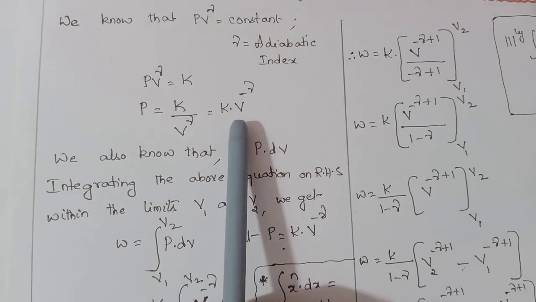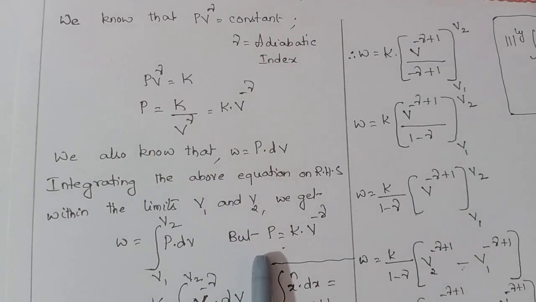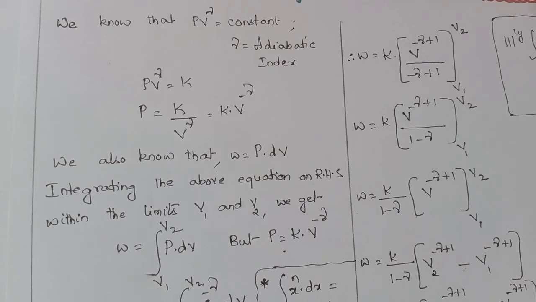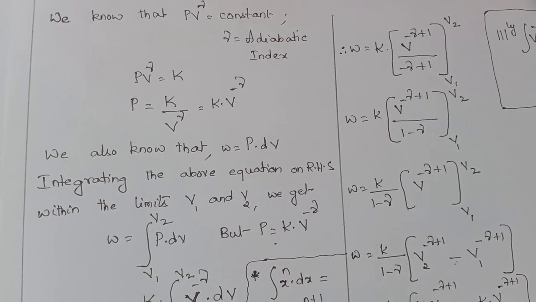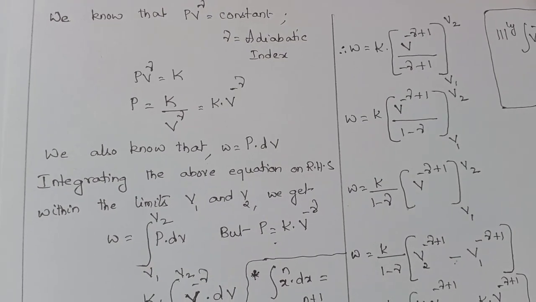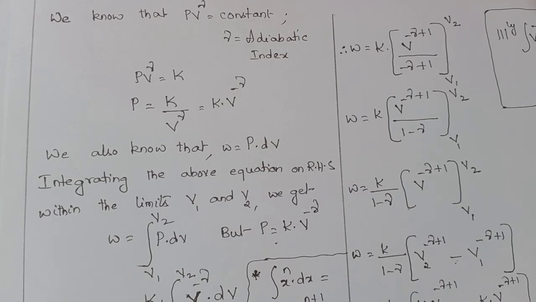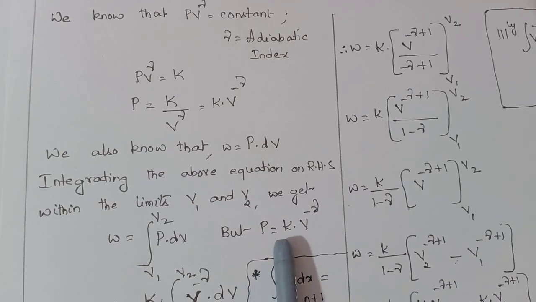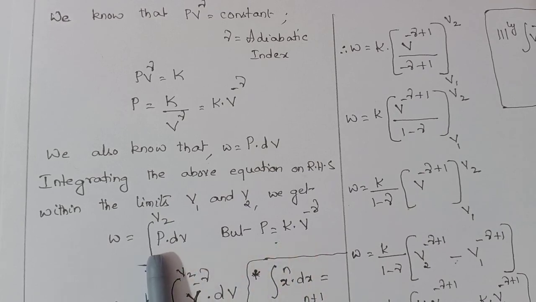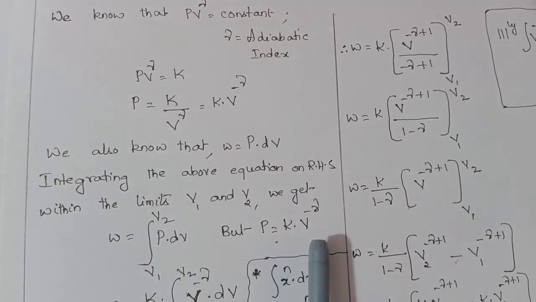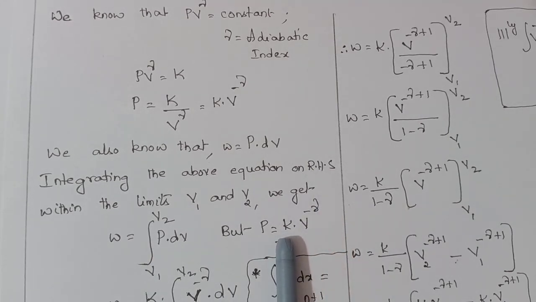But from here we have P is equal to K into V to the power minus gamma. Write down: but P is equal to K into V^(minus gamma). So what will we do with this P value? We will substitute this P value in this equation. Instead of P, we will write K into V^(minus gamma). You all know that K is a constant, so a constant is not integrated.